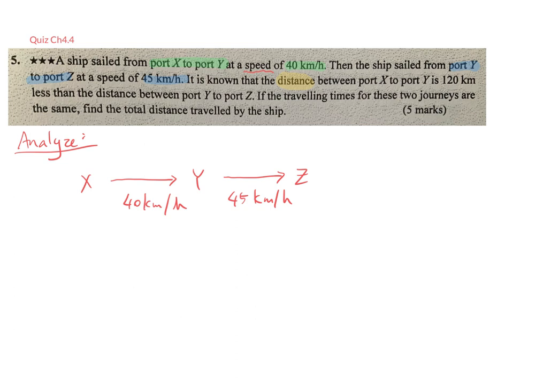Because when we observe the last sentence, we will find the total distance, that means you should find the distance from X to Y plus Y to Z. So first of all we can give an unknown to Y to Z, it is y kilometer. And since X to Y is 120 shorter, X to Y should be y minus 120.